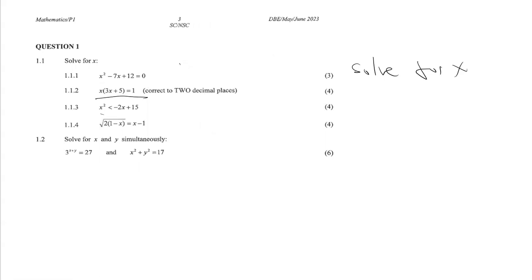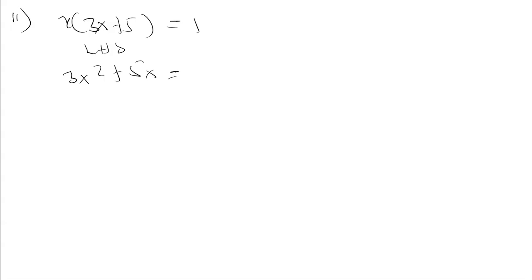Here we will need to do some expansion before we solve. The second one is x(3x plus 5) equals 1. We expand the left hand side and get 3x squared plus 5x equals 1.